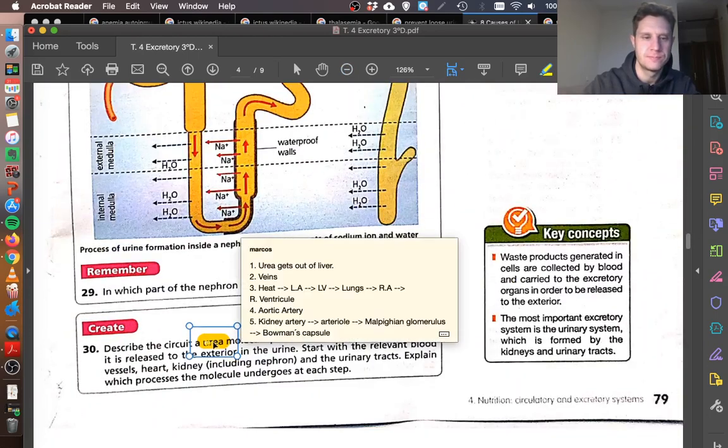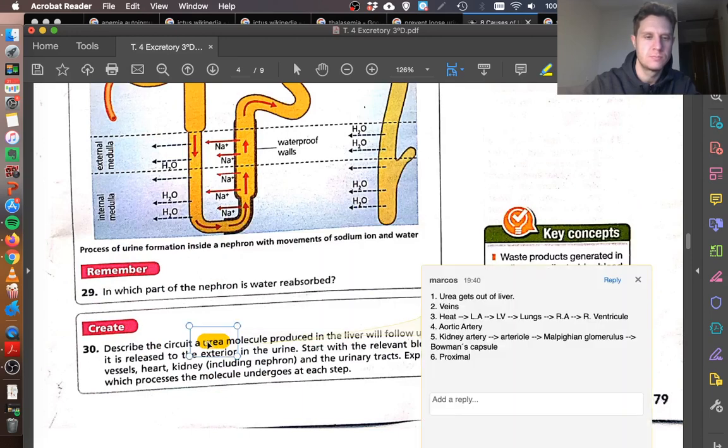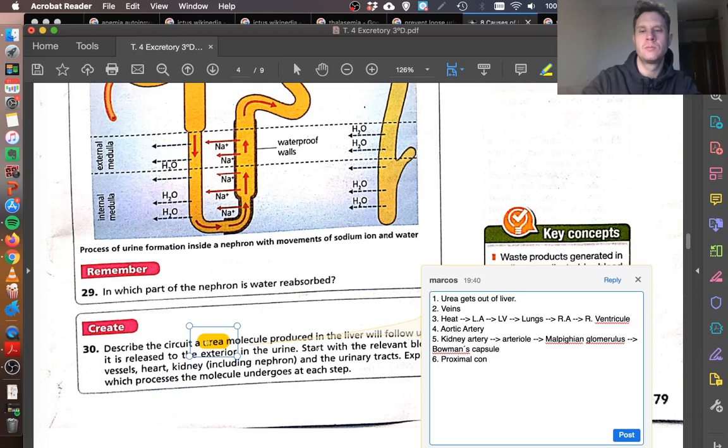Then the loop of Henle. And then the distal convoluted tube. And then the collector tube.